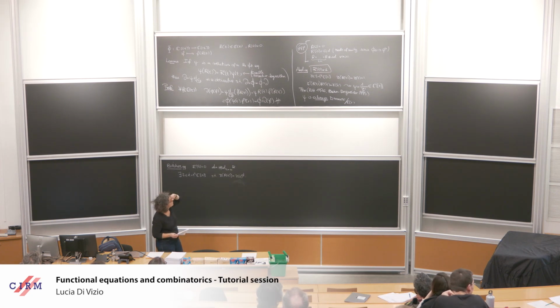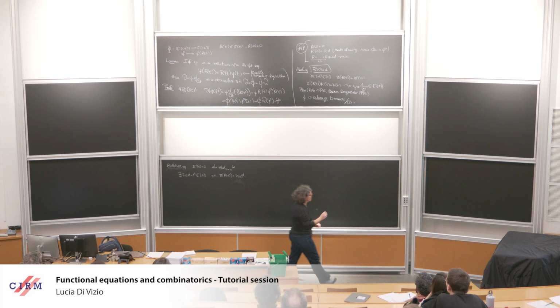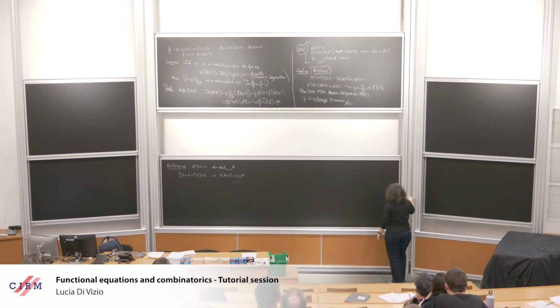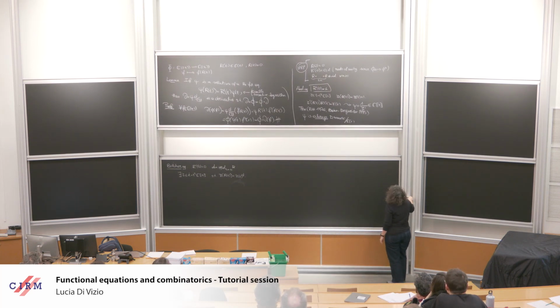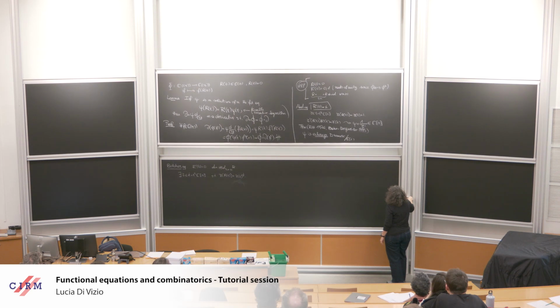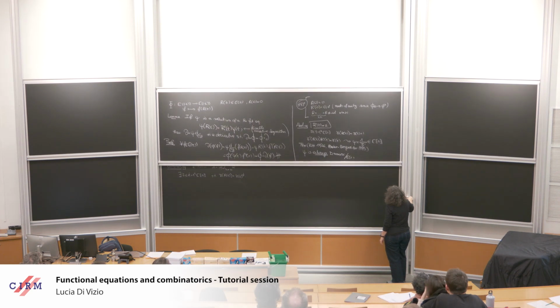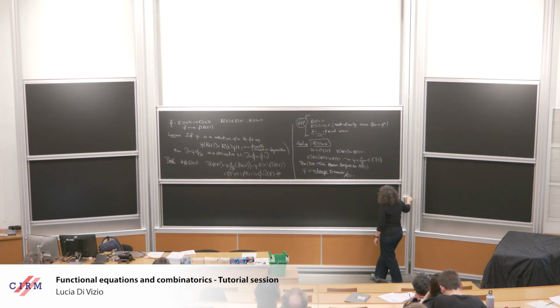Because if you replace by 0, we're going to find tau of 0 is equal to tau of 0 plus 1, which is weird, right? Yes, I understand. So it's the parenthesis. It's tau of t plus 1 in the bracket. Let me think about it.